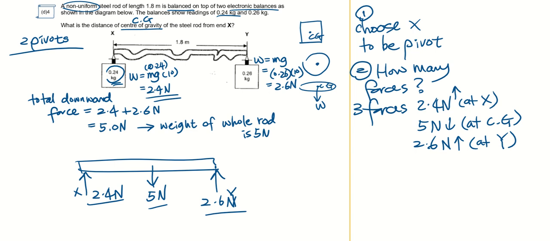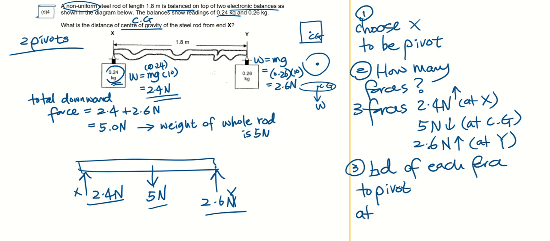So this is step 2, how many forces are there? Alright, then step 3 is the most important: what is the perpendicular distance of each force to the pivot? So the pivot is actually at X, right?